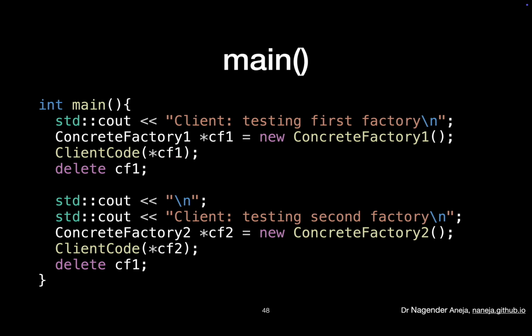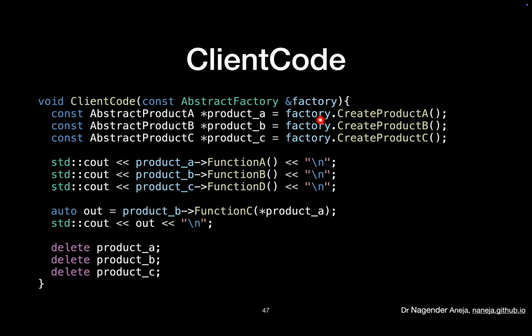So cf1 will go here and will call create product A, create product B, create product C. If it's c2, then c2 also calls create product A, create product B, and create product C. What actually will be created when you pass c1? It will create A1, B1, C1, and for the other one it will be A2, B2, and C2.